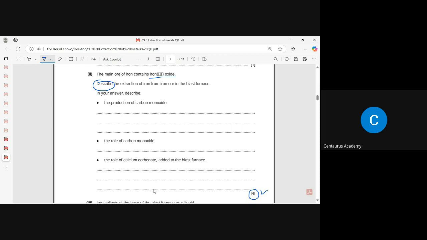Yes, write your answers in the chat box. First, describe the production of carbon monoxide.